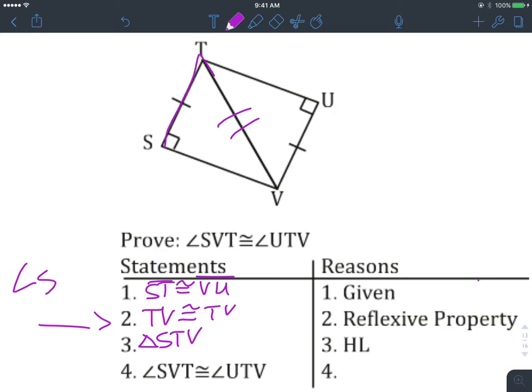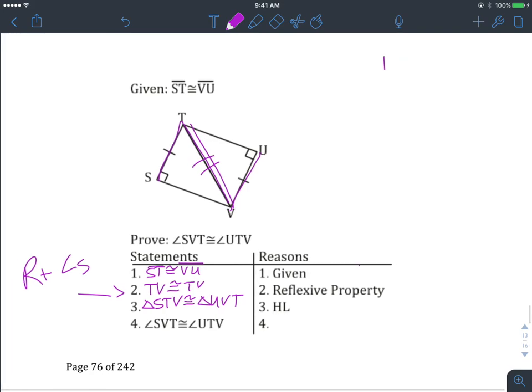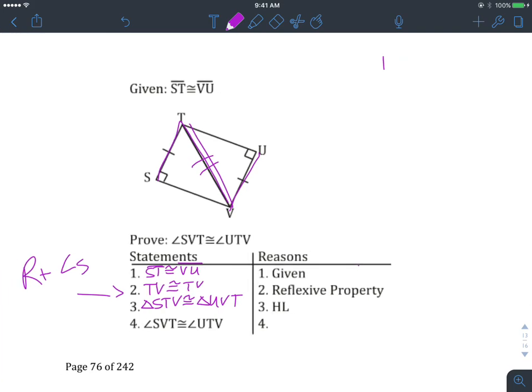So then I need to start out with UVT. Triangle UVT. Because the hypotenuse, remember, they're missing a step technically here. You need to say something about they gave us that the angles are right angles. So I would probably just add that in, slip it in, between 1 and 2 or something like that.